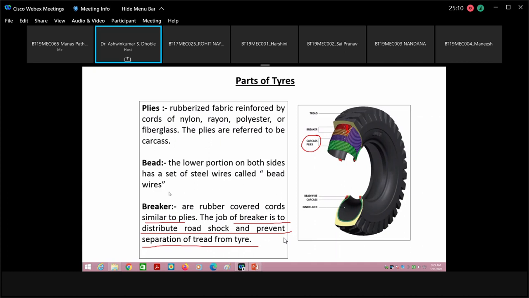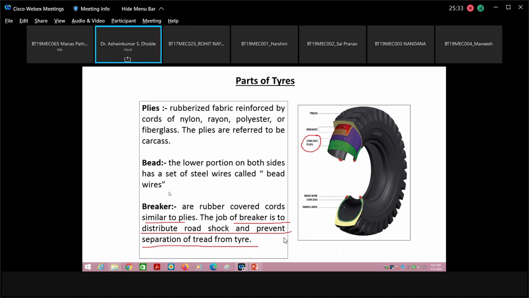Okay, so if you have not heard or read it, let me make you aware. When you go for fitment of a new tire, suppose you use the vehicle and there is some problem with the tire, the treads have completely worn out, then the service people advise you to change the tires of the vehicle.